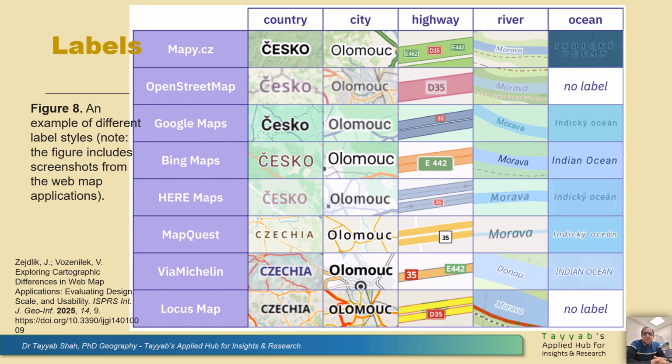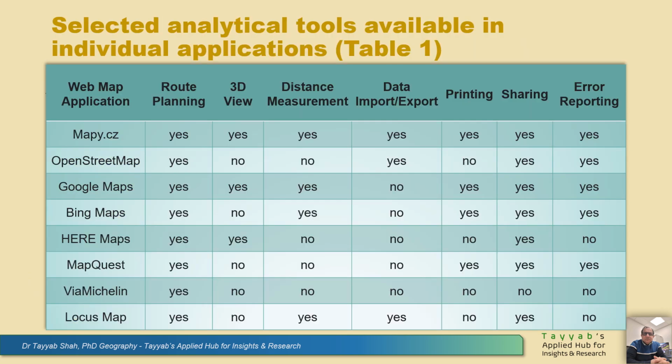And in terms of labels, they use different colors, font types, and styles. Those are all things you can see, and they have different labels for polygons, points, linear features, and those kinds of things. You can see the variety they're using. This table presents the analytical tools available in different web applications.